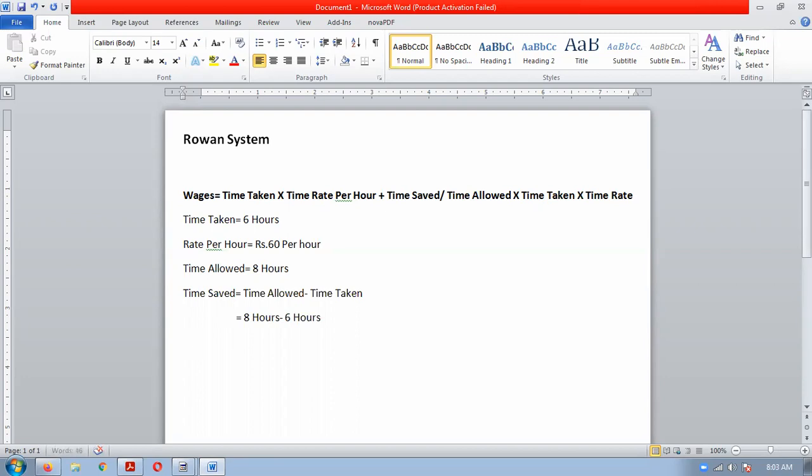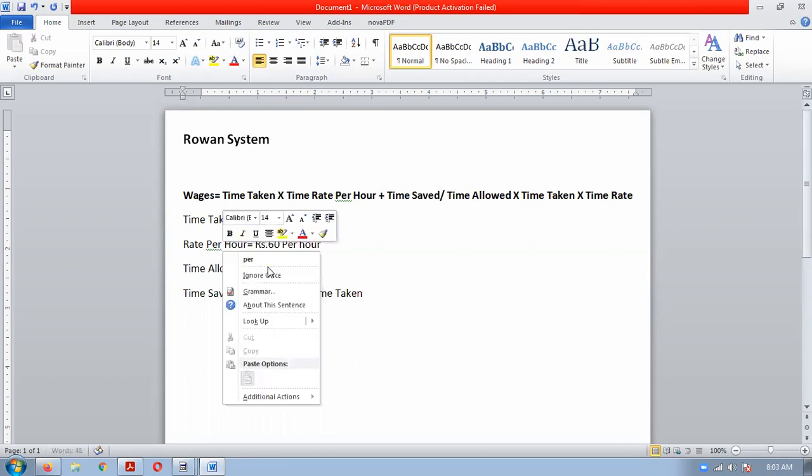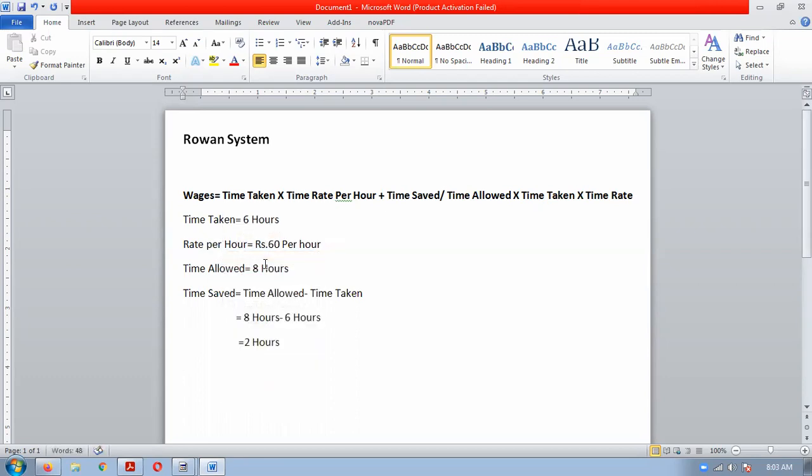So time saved is 2 hours. Now everything we have; just apply the details in the formula and we can get the answer. Time taken, 6 hours into time rate 60.